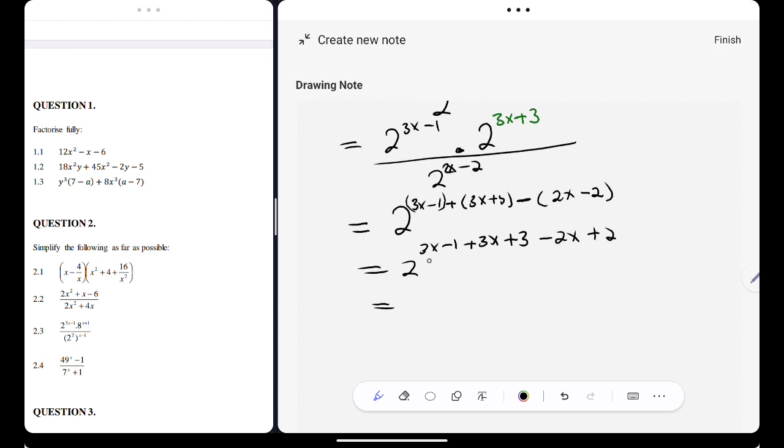So I will have 3x plus 3x, that is 6x all together, and then 6x minus 2x is 4x, and then I'll have minus 1 plus 3 is 2 all together, then 2 plus 2 is 4.